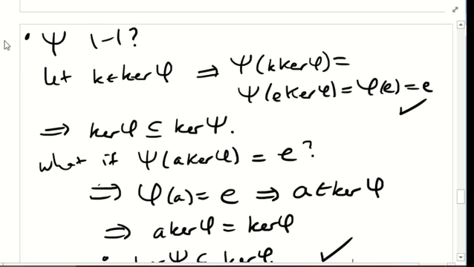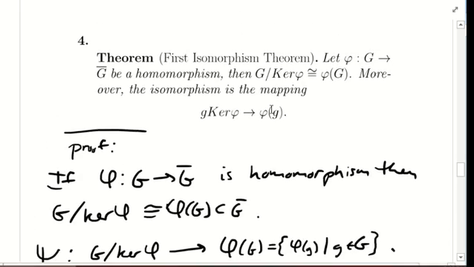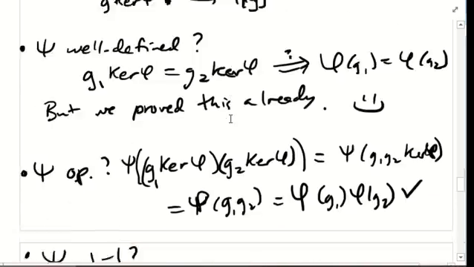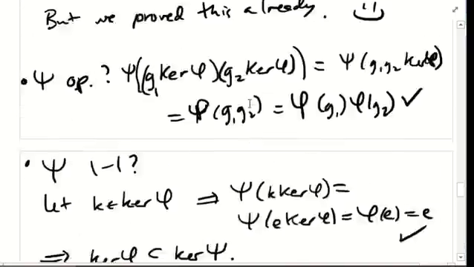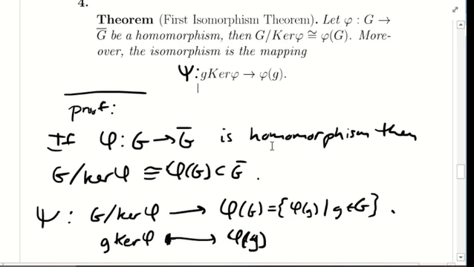So in other words, psi, this map here, takes an element in the factor group and maps it to an element in the image. But its kernel is trivial because the identity in the factor group is the identity coset, or equal to the normal subgroup there, kernel phi.